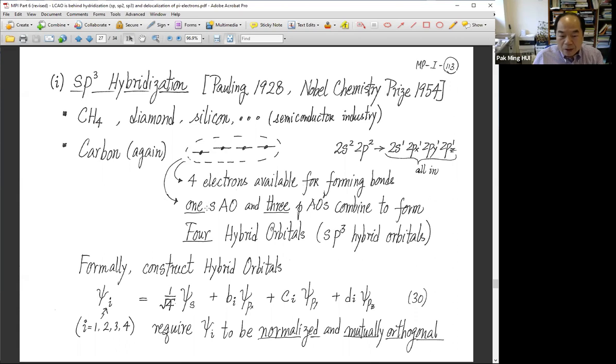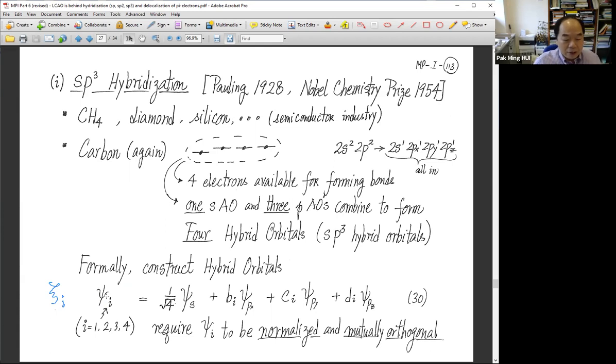This time, 1 s orbital and 3 p orbitals now form linear combinations, 4 in, 4 out. Therefore, we are making 4 linear combinations. That can be our old Z as well. If you want to make the connection, you may call it Ci, where i is 1, 2, 3, 4.